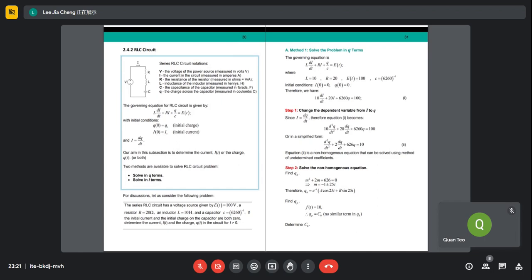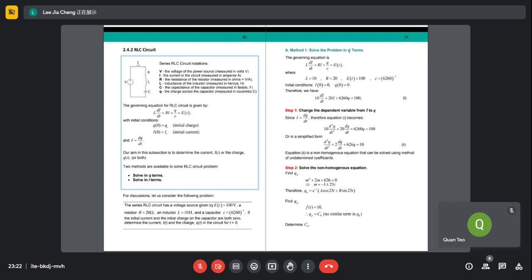And the initial conditions: when t equals 0, I equals 0, and when t equals 0, q equals 0 too. Therefore, when we substitute all the given values into the governing equation, we get 10 di over dt plus 20I plus 6260 q equals 100.